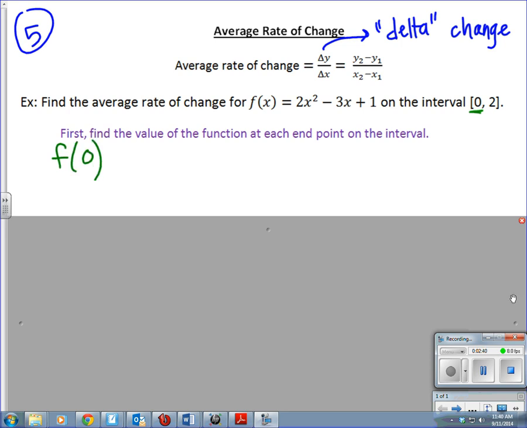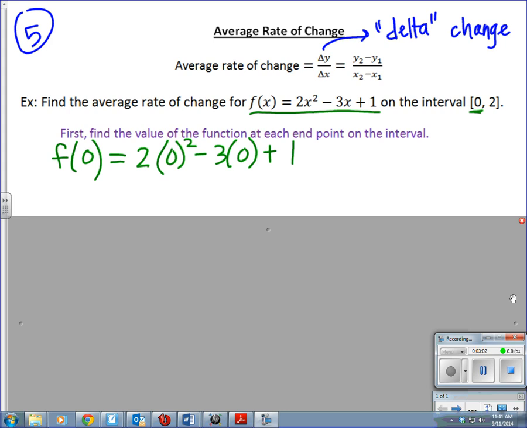So this means we are replacing x with 0. If we replace x with 0, we'll get 2 times, and remember we're plugging it into this function, 2 times 0 squared minus 3 times 0 plus 1. So we replaced all of the x's with 0.